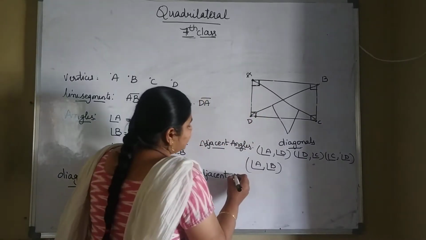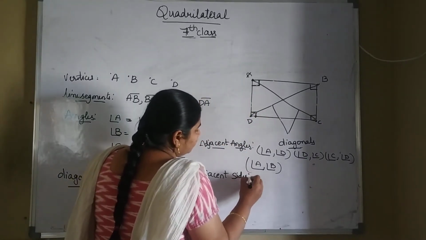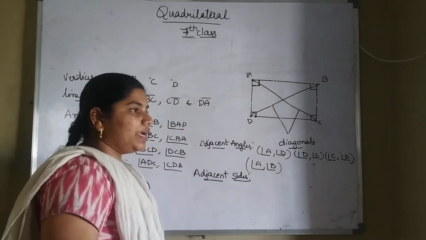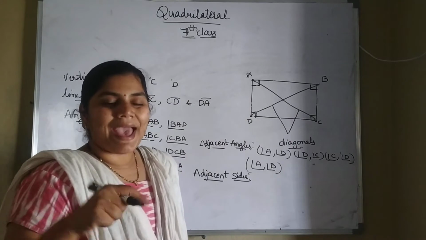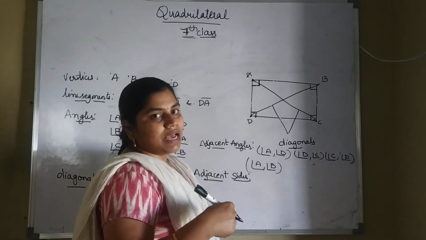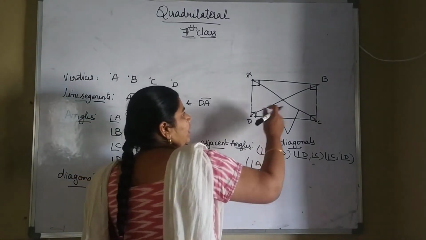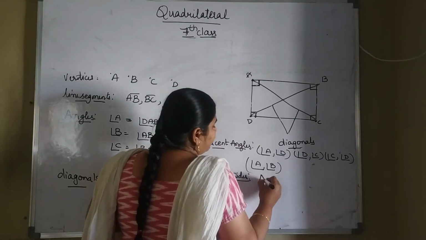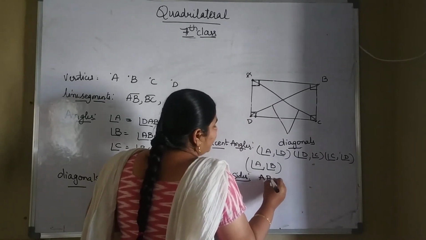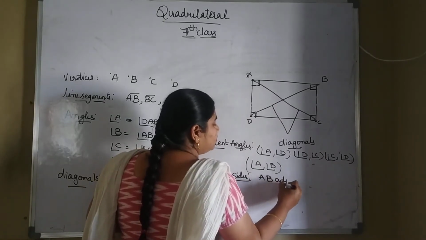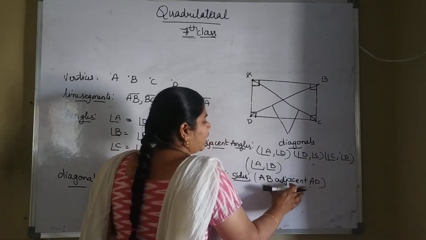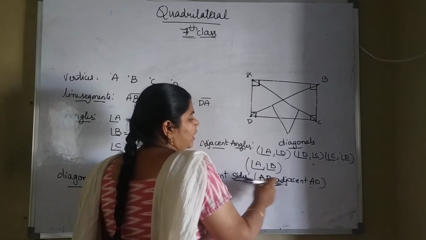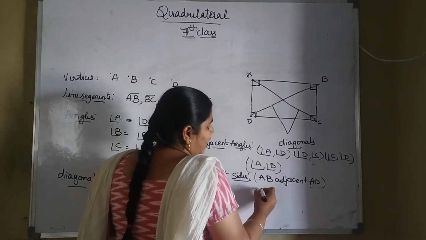So what are adjacent sides here? Any two sides having only one common angle, we will call adjacent sides. So you can say AB is adjacent to AD. These two have only one common angle, so we can say these two are adjacent sides.